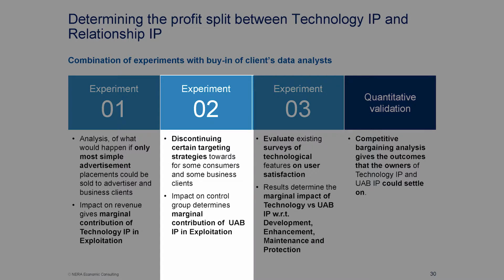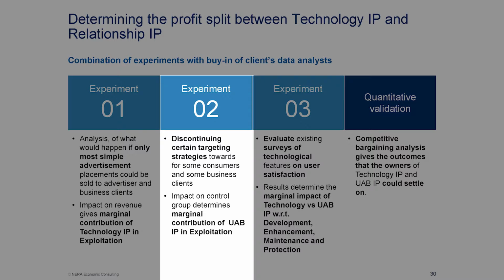The opposite experiment, number 2, is you start an experiment where you do not use all the user data you have available in your database, because user data obviously goes beyond names and addresses. It is everything: document tracing, interests, buying patterns, or what have you.